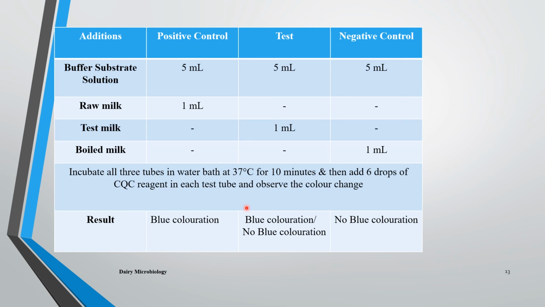If that milk contains the phosphatase enzyme, then there will be the blue coloration, which indicates that that milk is not properly pasteurized, means that milk is not exposed to a particular temperature for a specific period of time, which is used for the pasteurization.